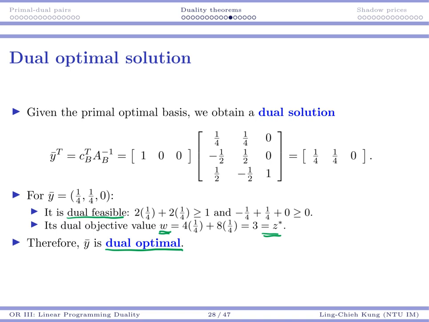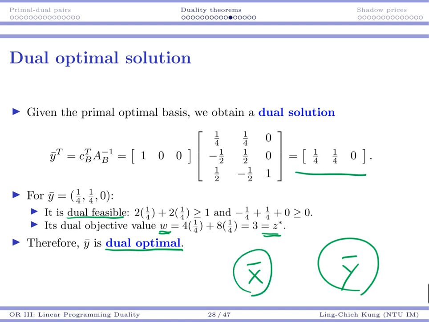So it's really the case that y bar is dual optimal. The interesting thing is that you don't really need to know that x bar is optimal. As long as you may find a primal feasible solution whose objective value is the same, then you have shown that y bar is dual optimal. You don't need to find that your x bar is optimal.